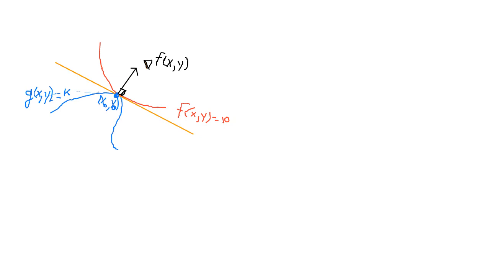Then the gradient is the gradient at x sub 0, y sub 0. Now let me draw another vector. Let's just say it goes that way. Perpendicular as well.